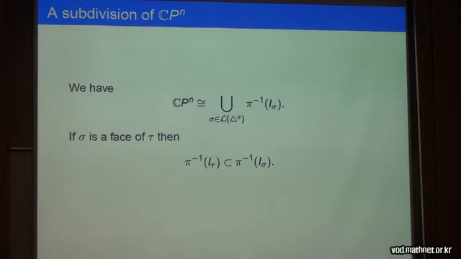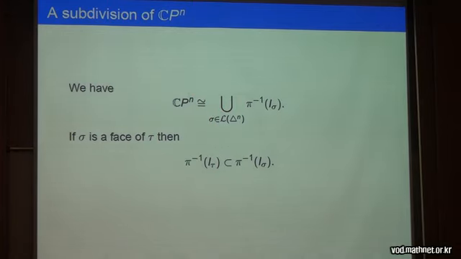And now what I did was construct a triangulation of all these subsets such that they are subcomplexes, so that if σ is a face of τ, then π^{-1}(I_τ) is a subset of π^{-1}(I_σ).